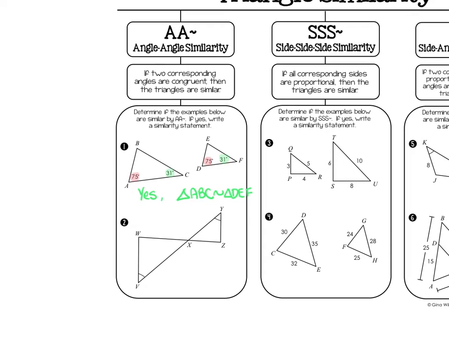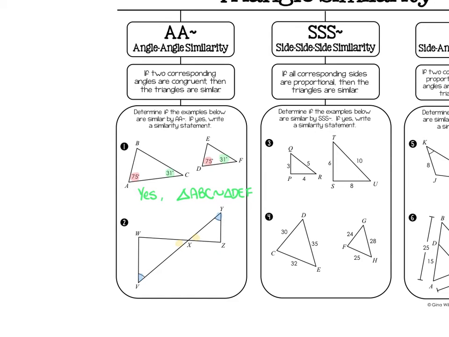Okay. In the next example, we see that we have 2 angles already marked as congruent. We have this angle, angle V, and angle Y. But there's another angle that we know that happens to be congruent on both of these triangles, and that would be these 2 angles. And why are those 2 angles congruent?